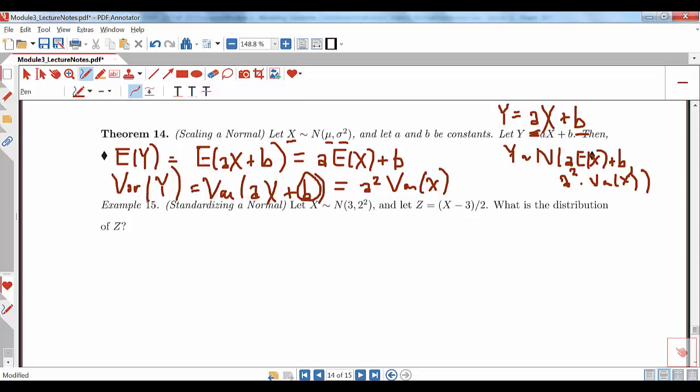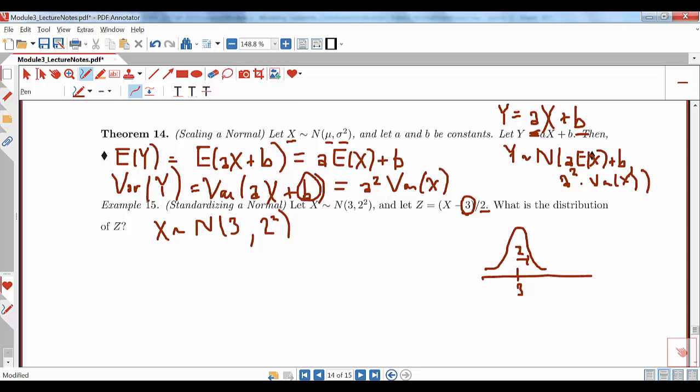So over here, they're standardizing a random variable. We started out with x, which is normal, with a mean of 3 and a variance of 4. And then what we're going to do is subtract 3 and divide by 2 and see what we get. So here's the distribution right now. It's sitting at 3 with a standard deviation of 2.